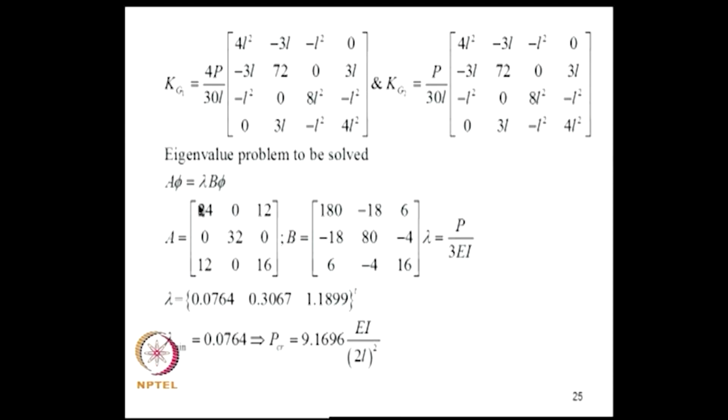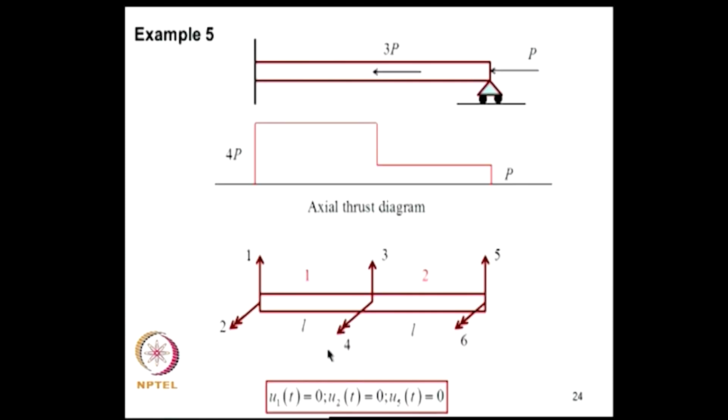So, we get the eigenvalue problem like this, and lambda is again obtained as this, and P critical in this case turns out to be this. Now, what we are doing here is, when I increase P, the 2 loads are increased in the same proportion.